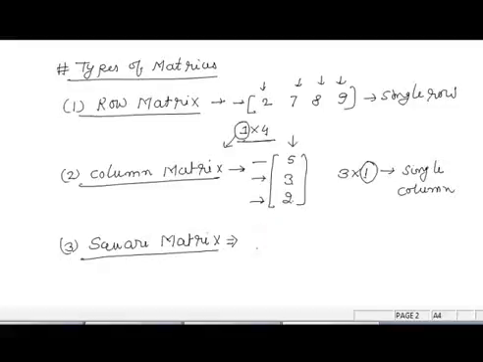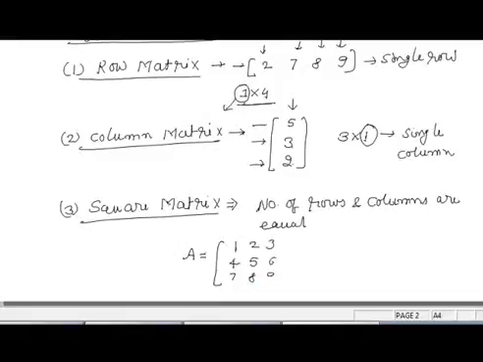In terms of matrix, when the number of rows and columns are equal, then the matrix is called a square matrix. An example can be written as 1, 2, 3, 4, 5, 6, 7, 8, 9. It contains 3 rows and 3 columns, so the order of the matrix is 3 by 3.